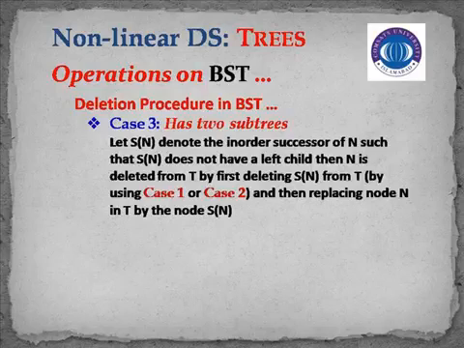Then n is deleted from T by first deleting S of n from T by using either case 1 or case 2 and then replacing node n in T by the node S of n, which is the in-order successor of n.